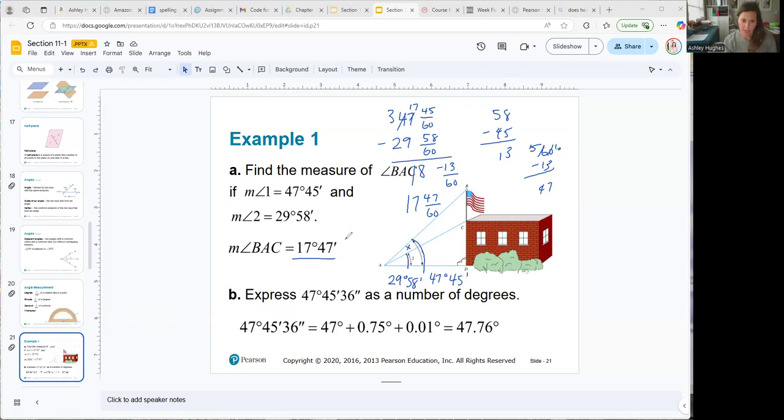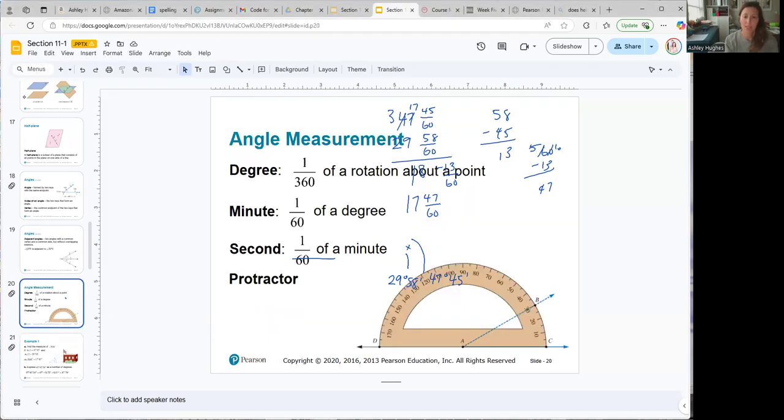Express 47 degrees, 45 minutes, 36 seconds as a decimal. Using this idea, you have 1/60 and 1/60 again.